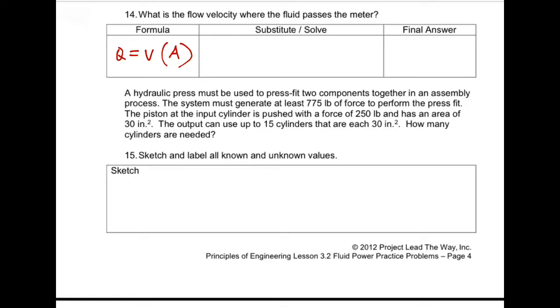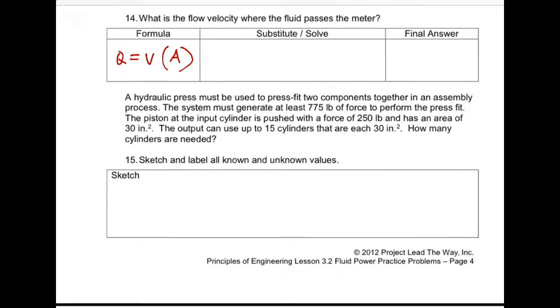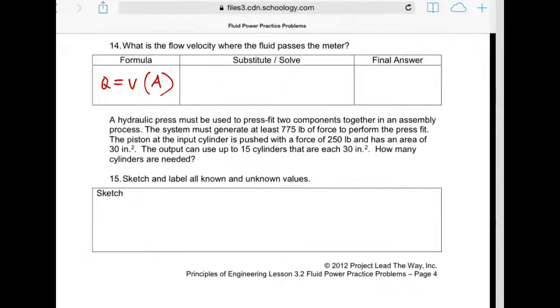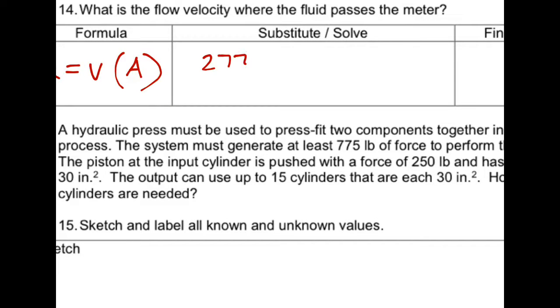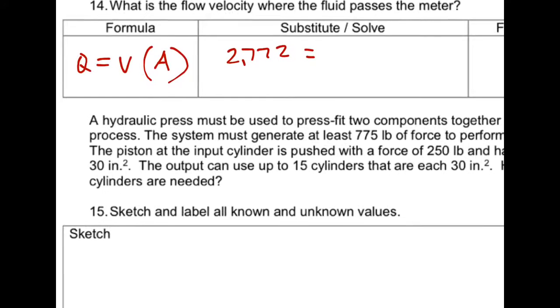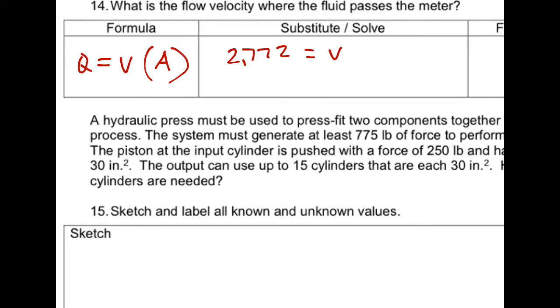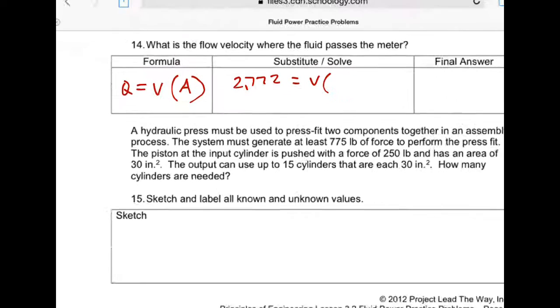So, flow velocity, I want V. That means I need the flow rate, which I just had: 2,772 inches cubed per minute equals the flow velocity times the area.